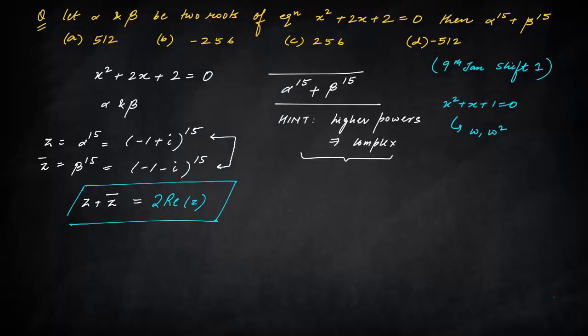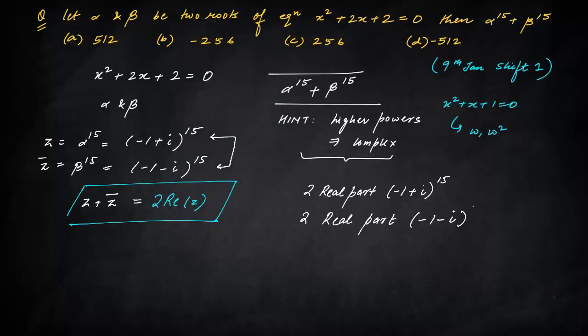So z plus z conjugate, this is a very important formula, is nothing but 2 times real part of z. So if you notice, आपको इस क्वेश्चन में सॉल्व क्या करना था, 2 times real part of any, कोई सा भी नंबर आ कर सकते थे, जरूरी नहीं है कि z का लेना, let's say for example this, or 2 times real part of -1 minus this.